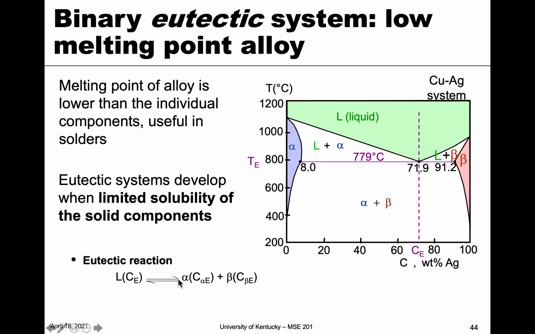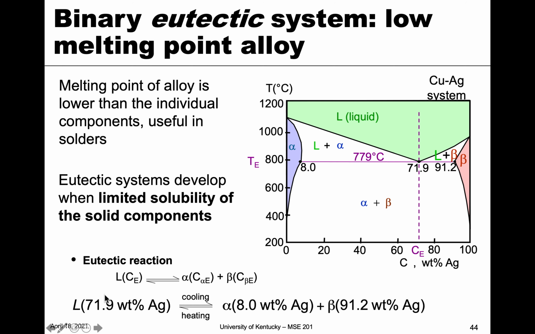So those are our compositions at the tie line, and you can already see the tie lines drawn for us. So the eutectic composition is 71.9 weight percent silver, and then we have 8 and 91.2 respectively as our compositions of alpha and beta. And so this is the reaction that happens upon cooling, and upon heating we would go in the reverse direction. Two solids would become one liquid.